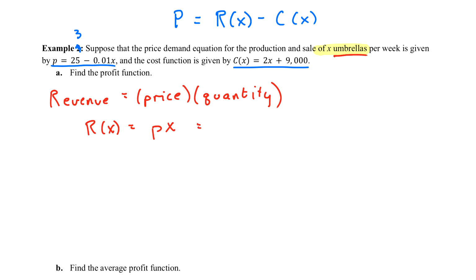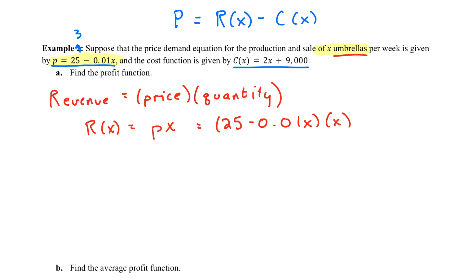Well, shoot, I have the price demand equation right here that was given to me. That was 25 minus 0.01x. So I'm going to plug that in for my price. So 25 minus 0.01x times my quantity, which is just x.